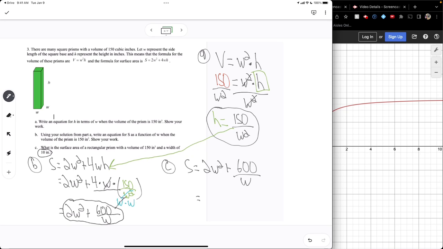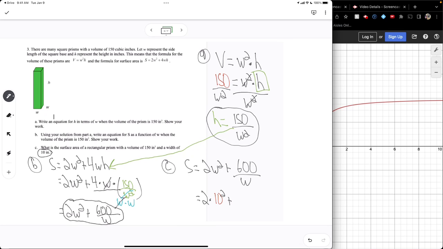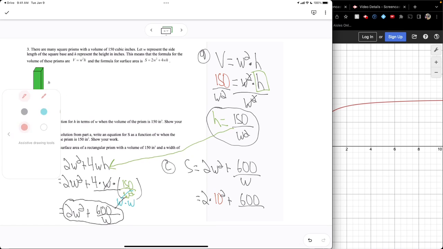The width is 10 inches. So this will be 2 times 10 squared plus 600 divided by 10. So I just need to calculate 2 times 10 squared plus 600 over 10.